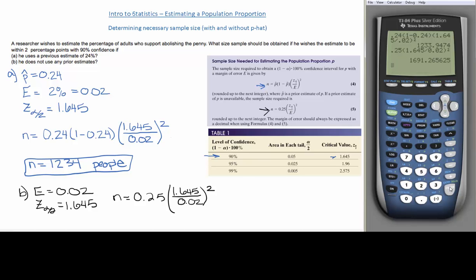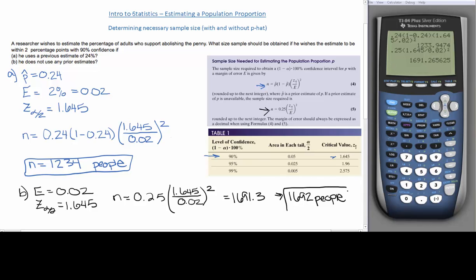Okay, and that's going to give us that our necessary sample size is 1,691 and change. And again, because we always have to round up with sample size, this means that we have to have 1,692 people.